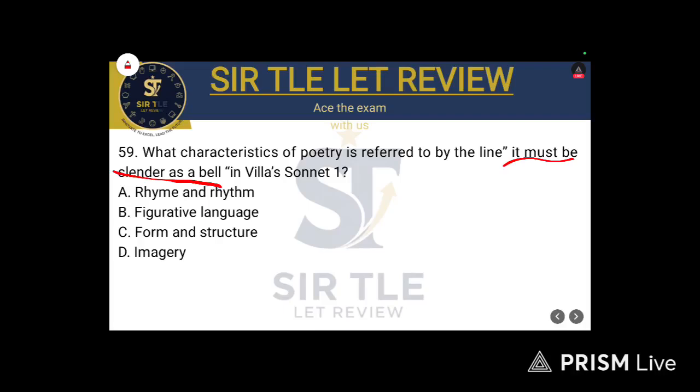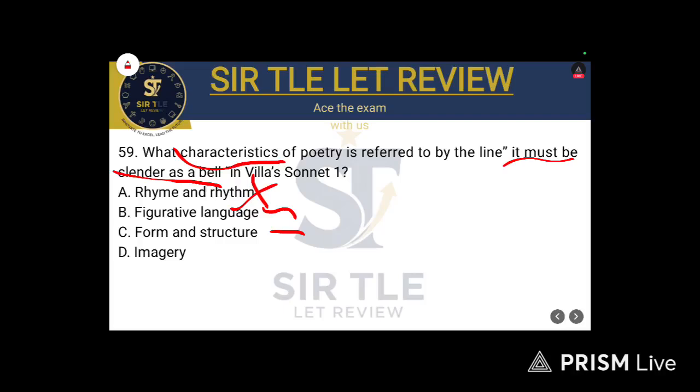The question is characteristics. The answer here is either letter B and letter C. Hindi, wala namang rhyme.